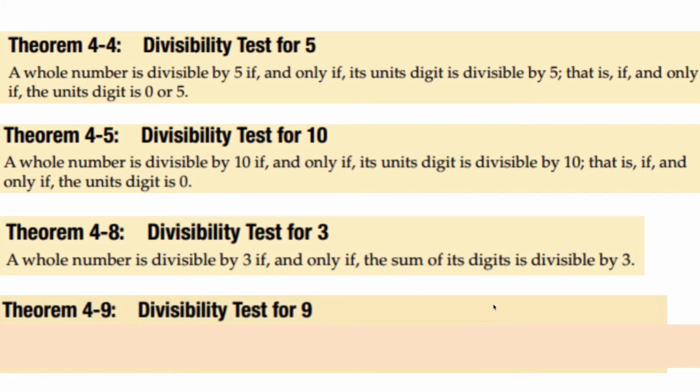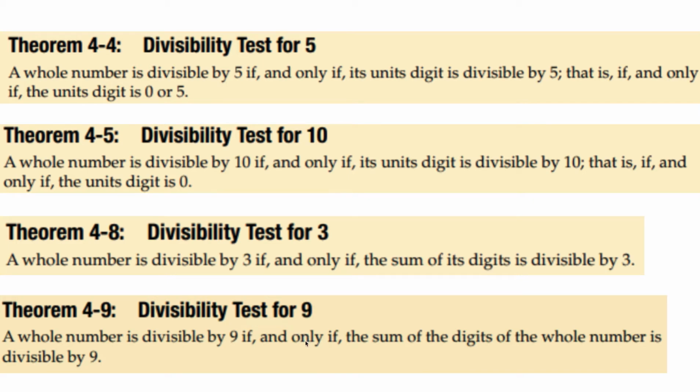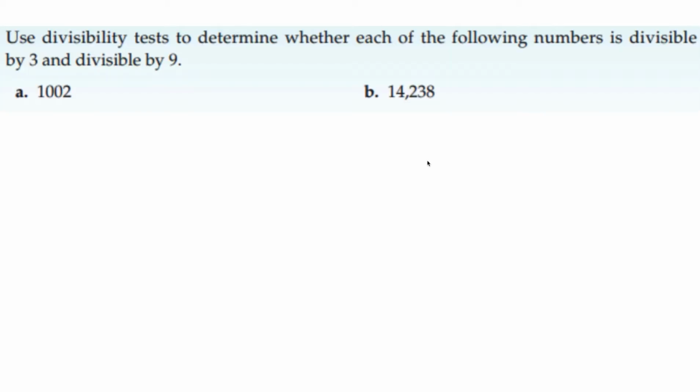Similarly, for the divisibility test for 9, you add all of the digits together, treating the sum as a single digit, and if the sum is divisible by 9, the number is also divisible by 9. We're going to have some examples here, and I will explain that to you.